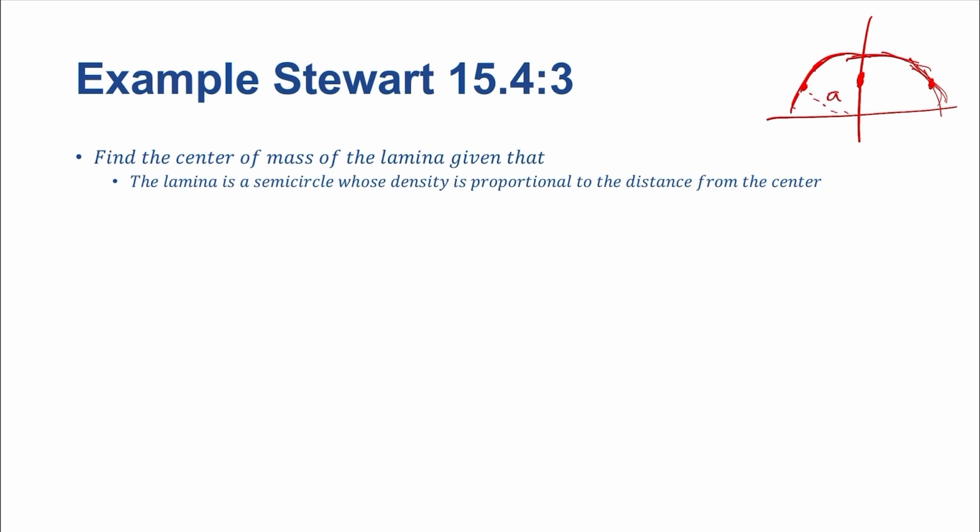So what we want to do is find the y component of the center of mass, and that will tell us what the actual center of mass point is. So we can define our density function, noting that x squared plus y squared is equal to a squared. So we can define rho of x and y as being equal to some constant times our distance. We'll call that constant k.